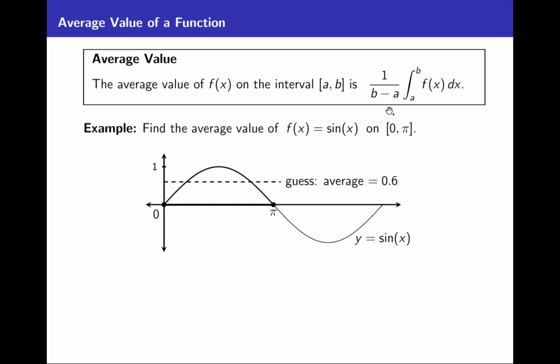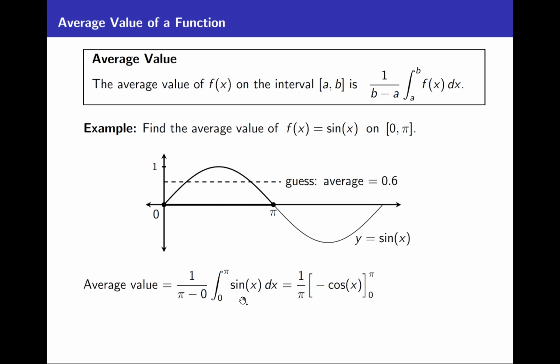Let's endeavor to find it exactly. What we could do is use this formula for average value. b is pi, a is 0, and f of x is the function sine of x. So the average value, according to our formula, is 1 over pi minus 0, integral from 0 to pi, sine of x dx.